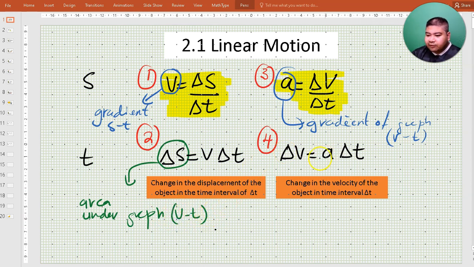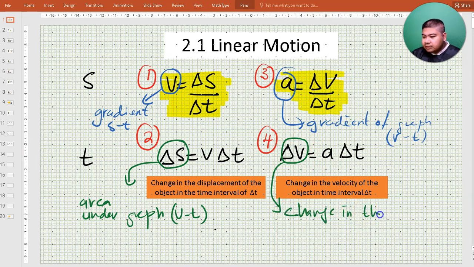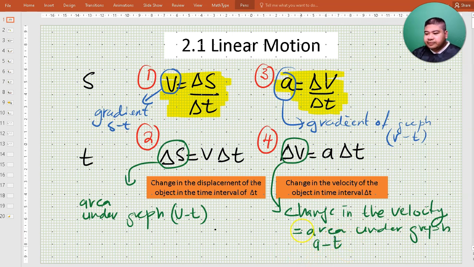From here, without even looking at the graph, we know that delta V, the change in the velocity, would be equal to the area under the graph AT, A times T.